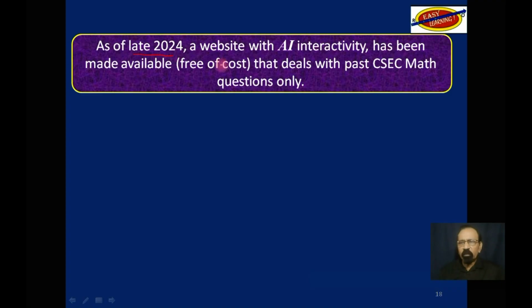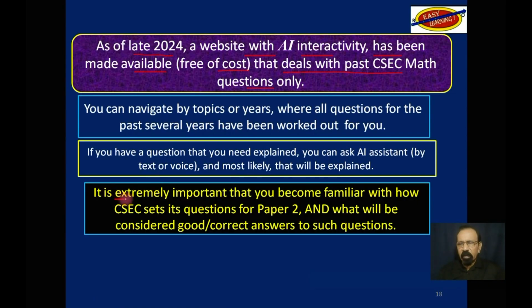Also, as of late 2024, a website with AI interactivity has been made available free of cost that deals with past CSEC math questions, only specifically from paper 2. It is extremely important that you become familiar with how CSEC sets its questions for paper 2 and what will be considered good or correct answers to such questions.